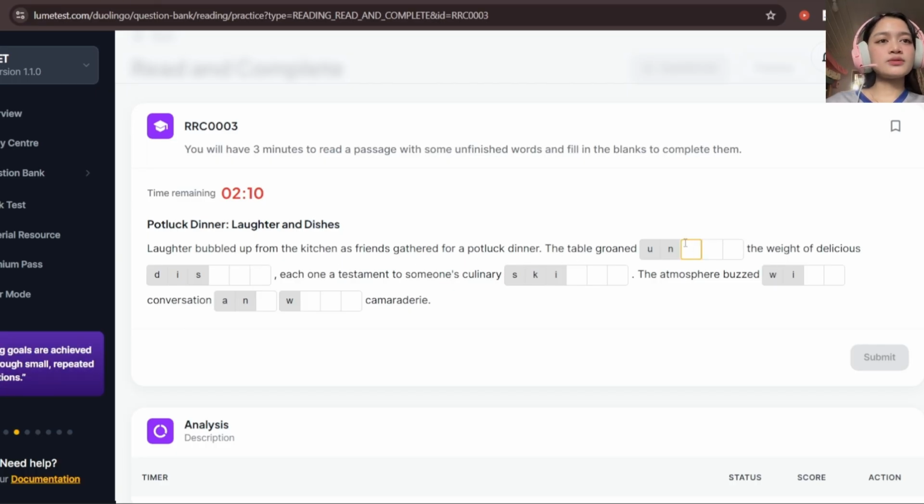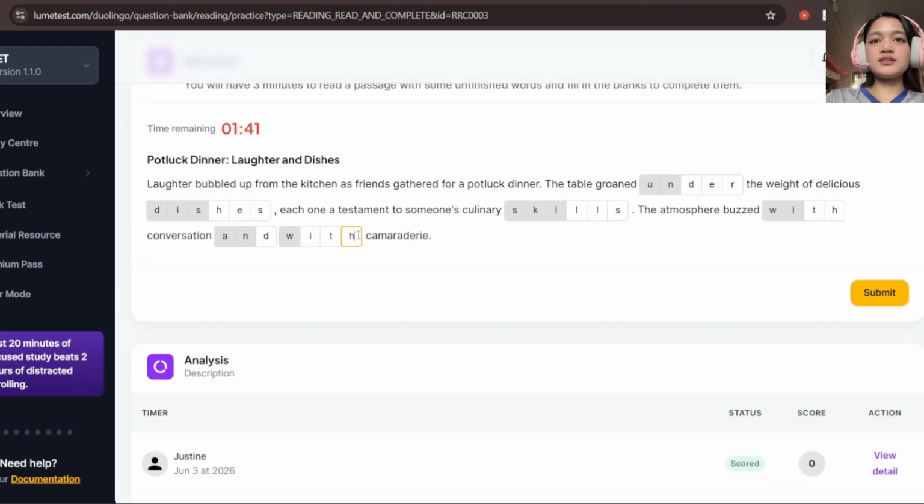The table groaned under the weight of the delicious dishes, each one a testament to someone's culinary skills. The atmosphere buzzed with conversation and warm camaraderie.